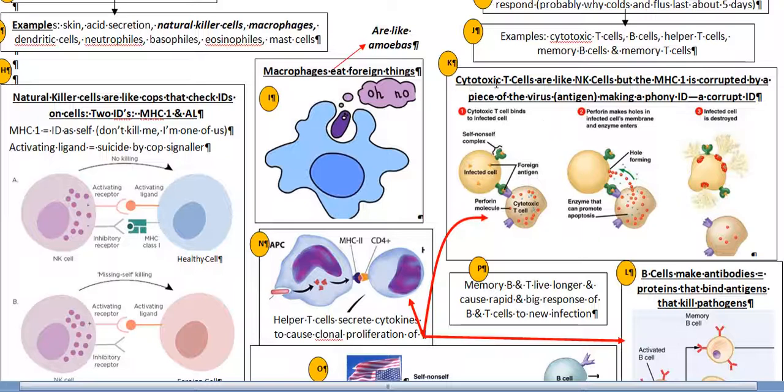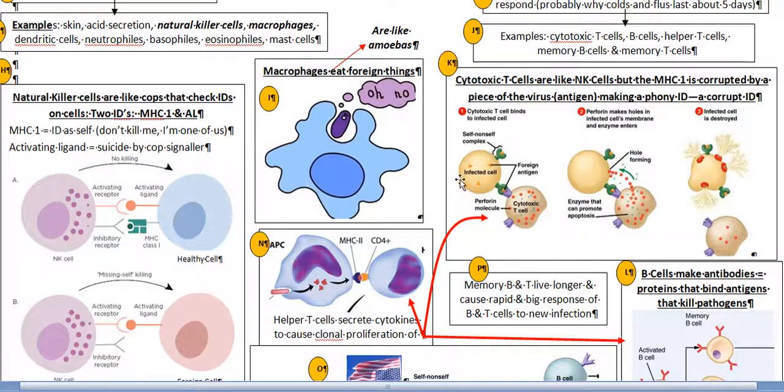So cytotoxic T cells are very similar to natural killer cells. They're cops too. These are like local city cops, and these are like state police or something like that. They go around and check IDs. But instead of this combination of major histocompatibility complex type 1 and activating ligands, they look for major histocompatibility complex type 1s that are corrupted by a piece of the antigen.